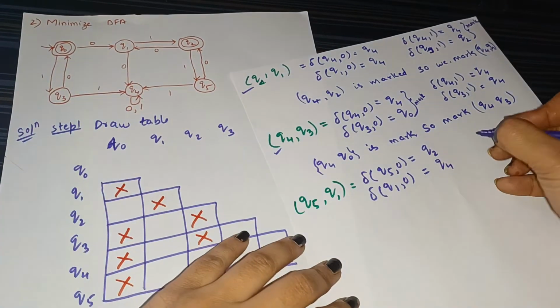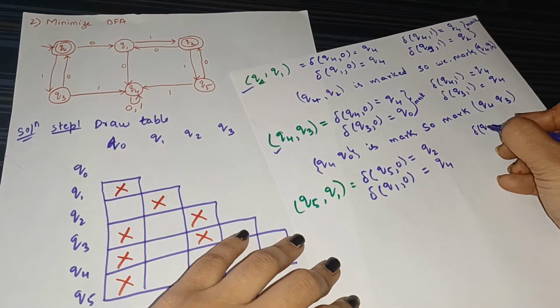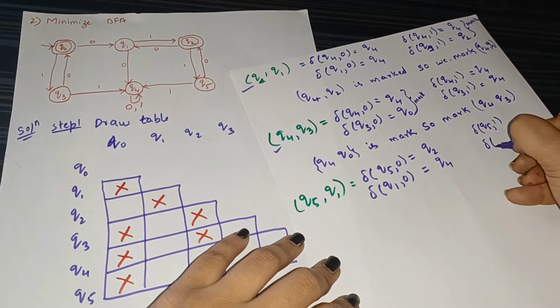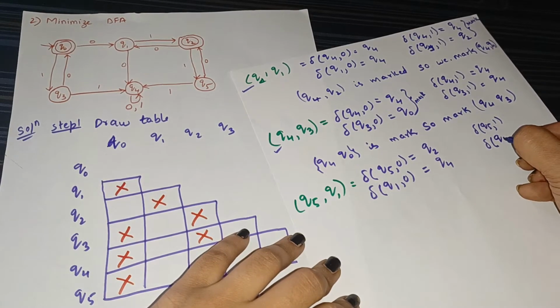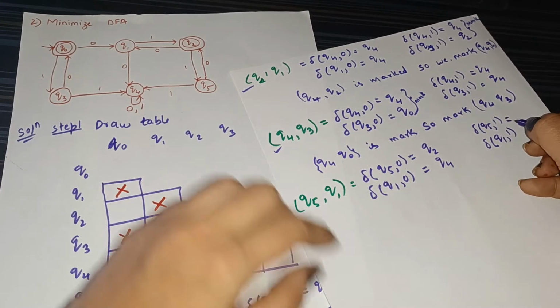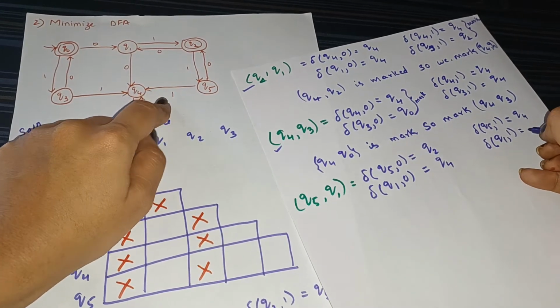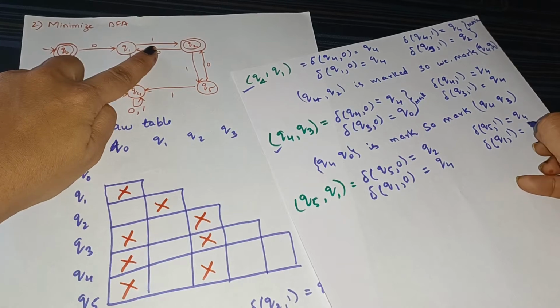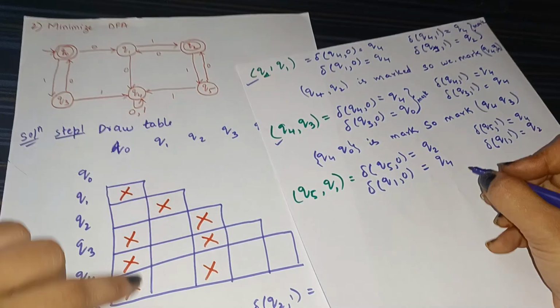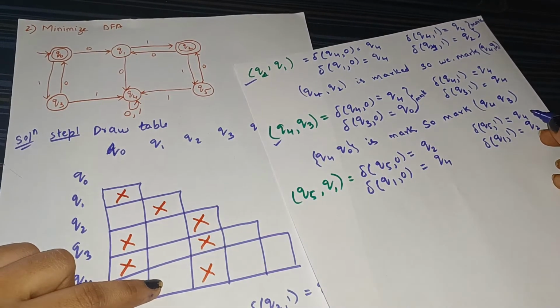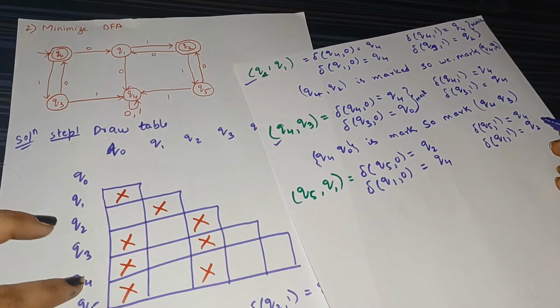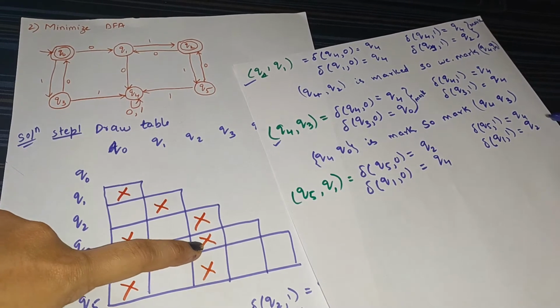Next, delta transition of Q5 on 1 and delta transition of Q1 on 1. Q5 on 1 it is going to Q4, and Q1 on 1 it is going to Q2. So Q4, Q2 and Q2, Q4 both are the same. We check Q4, Q2. It is marked.